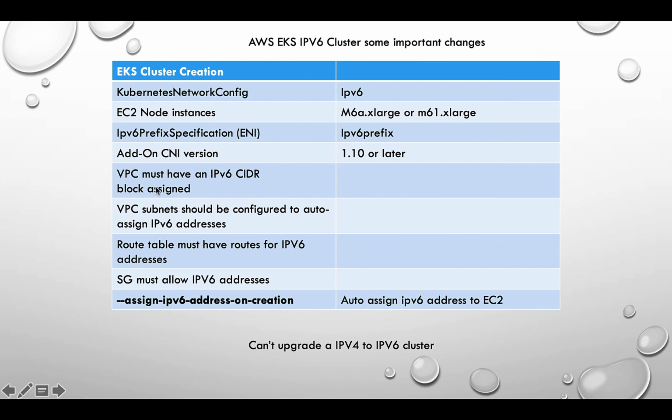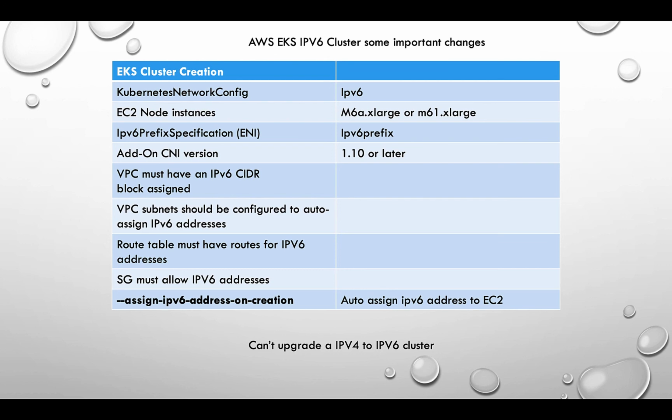Now the EKS cluster runs in a VPC. The VPC has to have an IPv6 CIDR block assigned to the subnets, because otherwise it's going to fail. It also has to have the auto assign IPv6 addresses parameter set, so that any time a new pod or any new resource comes, it gets an IPv6 address.